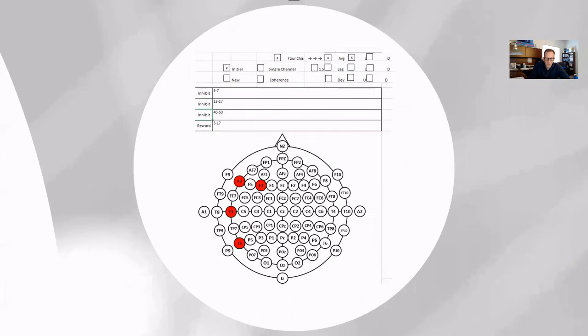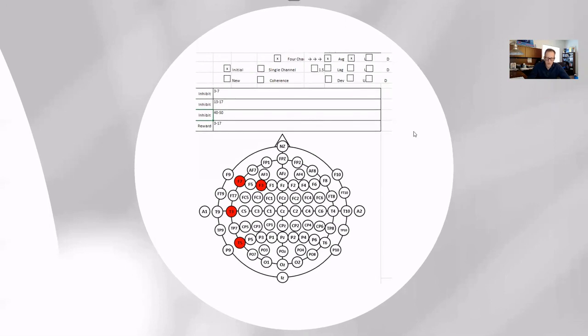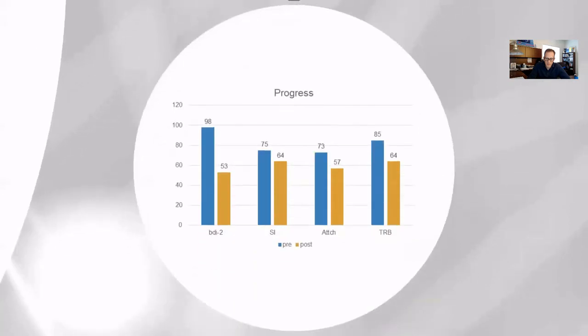So this becomes our protocol where we map our locations to those regions of the brain, reward coherence up from 3 to 17. We inhibit theta, low beta, EMG activity over a number of sessions like we've talked about, just about 12 to 15 sessions. And her progress in that period of time, Beck depression score goes from severe to normal.